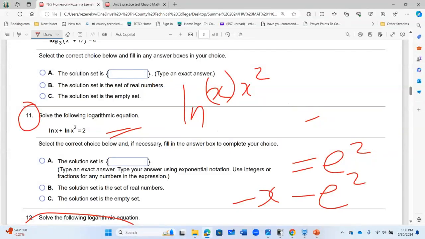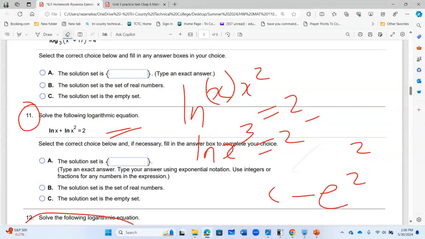Both answers are going to be the same. So I can combine the left-hand side, and then it is equal to 2. So this is x to power 3 actually. Then I'll take e to power, I raise both sides to exponents of e. So let's see.